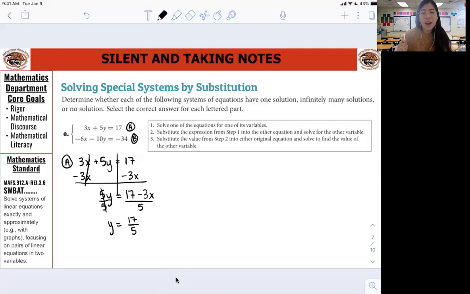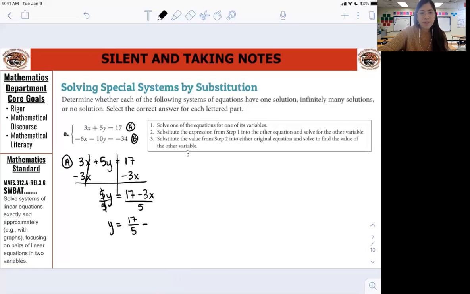You could leave it as a decimal, but for the purposes of this class, I want to keep things as a fraction just so we can practice fractions. I know you guys don't love them. I don't love them either, but if you don't love something, you got to practice it until you know how to work with it. Because if you stay away from them forever, that's not going to help you out when you're taking a test, is it? So even if you hate it, you got to practice it.